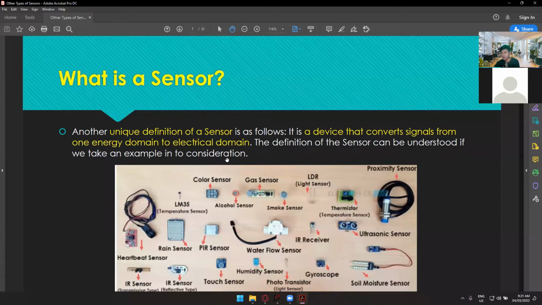For example, if you pass by a smart light, since it's using smart technology, it can sense someone passing by, and then it will automatically light up. So it is a device that converts a signal from one energy domain to the electrical domain.